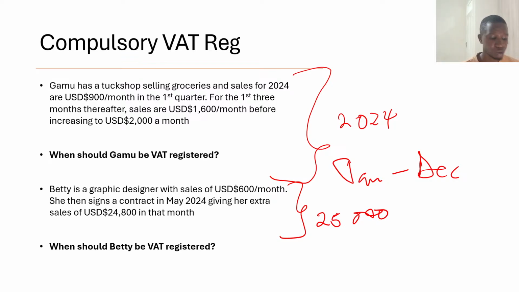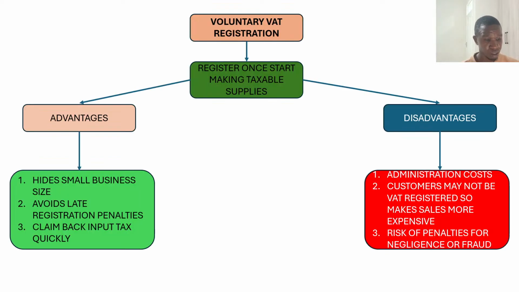And if they request your bank statements, if it proves that you should have registered for VAT and you have not yet registered, you get penalties for missing that registration as well. So here, when should Betty be VAT registered? Betty should be registered in May, as she surpasses that threshold of 25,000, right?